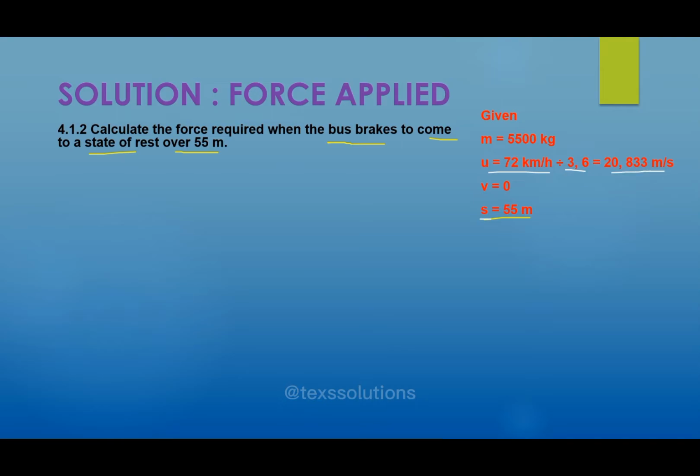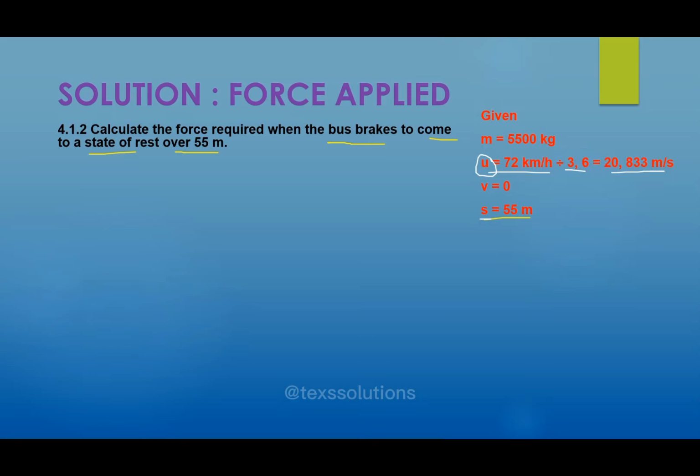However, now we find that as the bus was moving, the brakes of the bus were applied and the bus came to a state of rest, which means the bus stopped. So that means the bus now has two types of velocities. It has an initial velocity and a final velocity. So my initial velocity is going to be the 20.833 meters per second, the velocity that it was already traveling with.